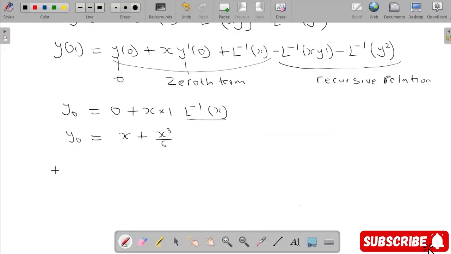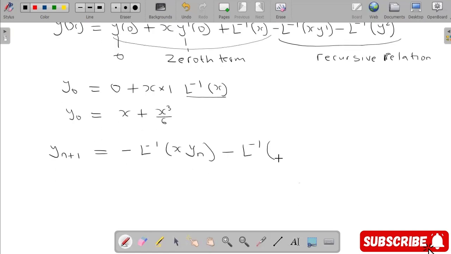Then the remaining term can be expressed as a recursive relation in this form: minus L inverse of xy_n minus L inverse of the nonlinear term. For the nonlinear term in the Adomian Decomposition Method, we usually decompose it using Adomian polynomials.